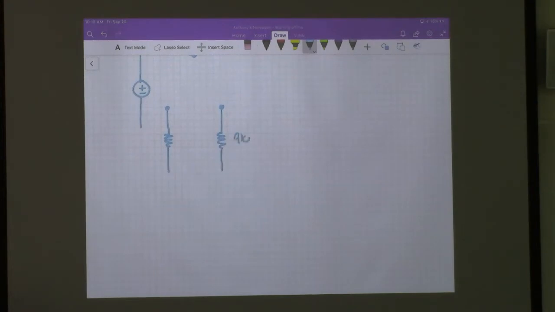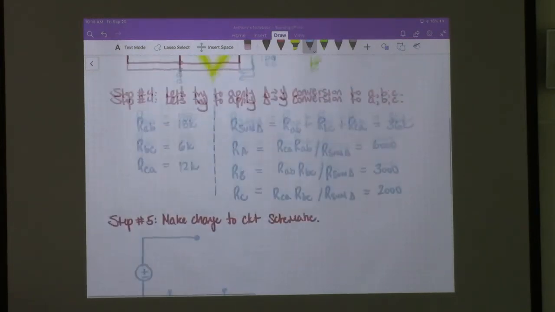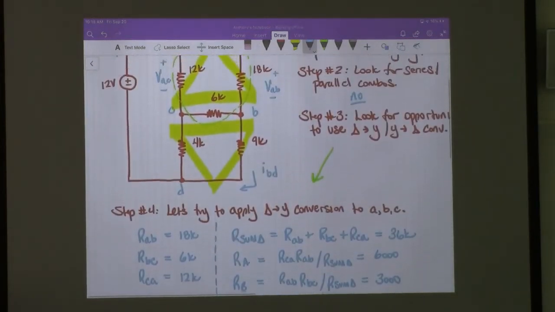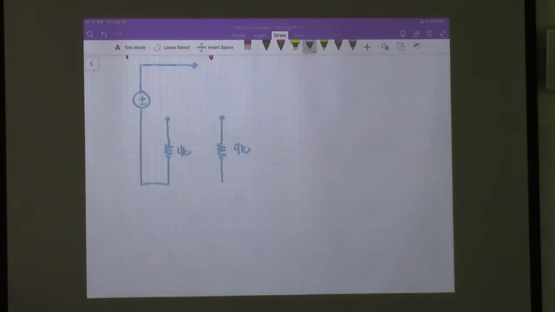This was the 9K, this is the 4K, and this down here is node D. This is untouched. And the 12 volts is also the same.